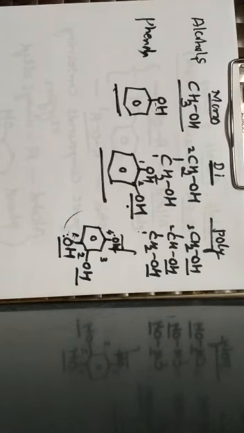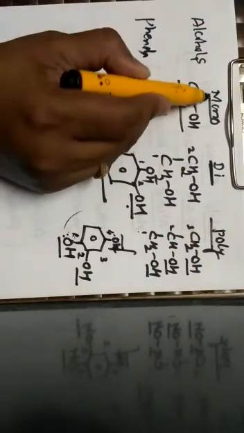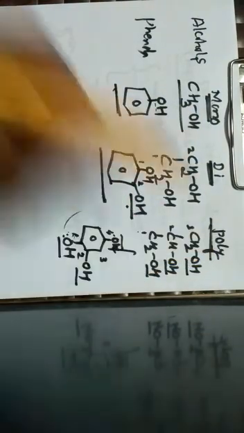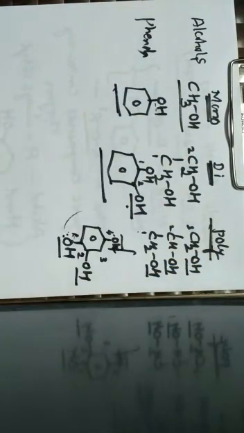So this is the first subclassification, related to the number of OH groups present: monohydric alcohol or phenol, dihydric alcohols or phenols, and polyhydric alcohols or phenols.